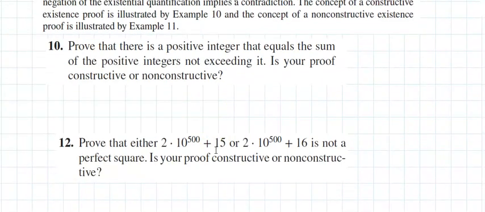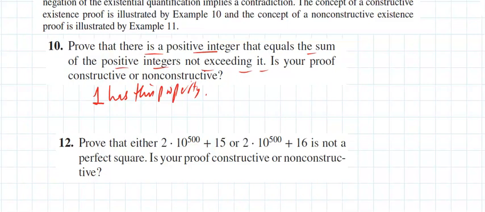Problem number 10. It says, prove that there is a positive integer that equals the sum of the positive integers not exceeding it.